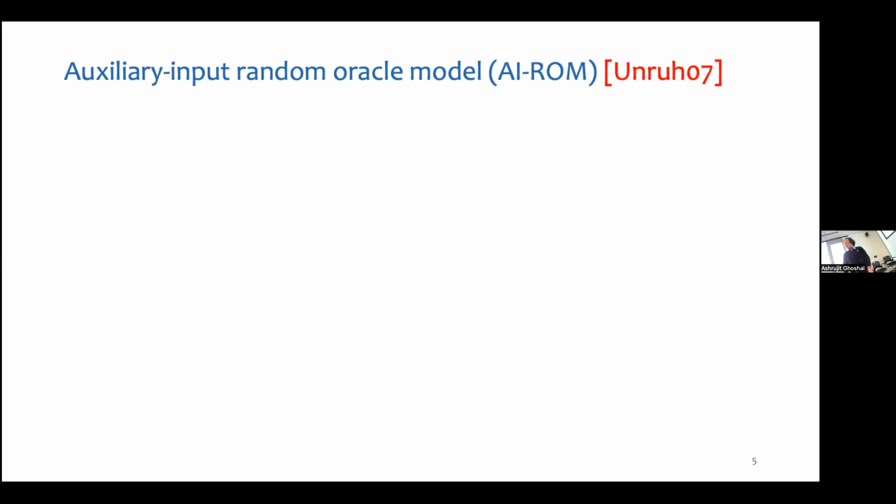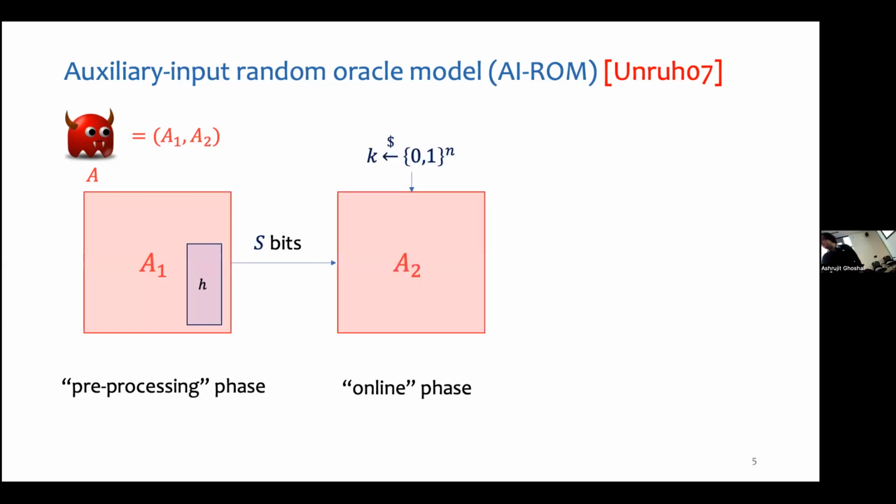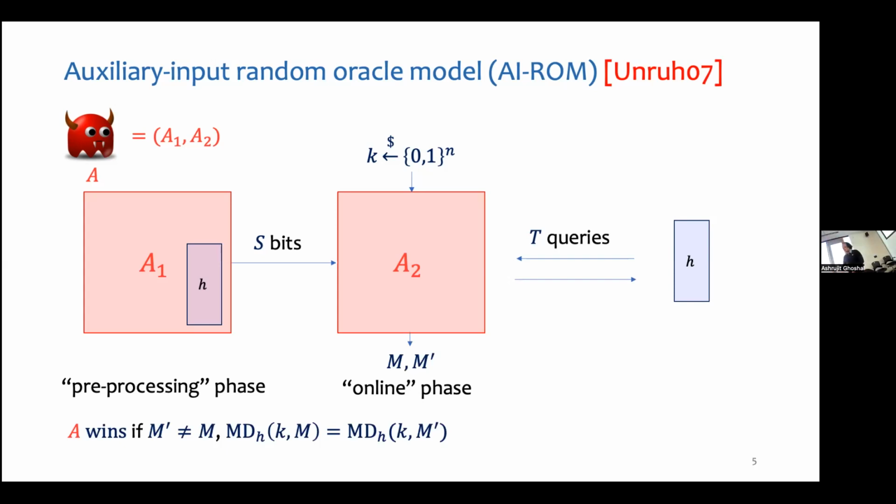The collision resistance game in this model is defined as follows. There is an adversary A, which has two phases. The first phase, known as the preprocessing phase, has complete and unbounded access to the random oracle H. It can compute S bits of information, which it passes on to the second phase, known as the online phase. The online phase additionally gets as input a randomly sampled key. It can query the random oracle at most T times and wins if it can produce two messages which are distinct but have the same hash.